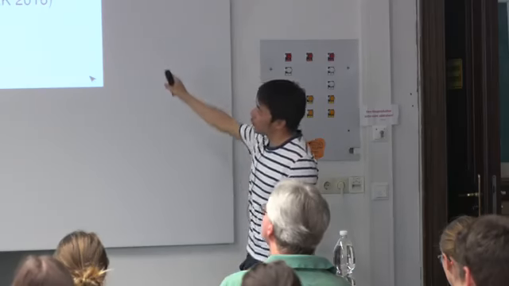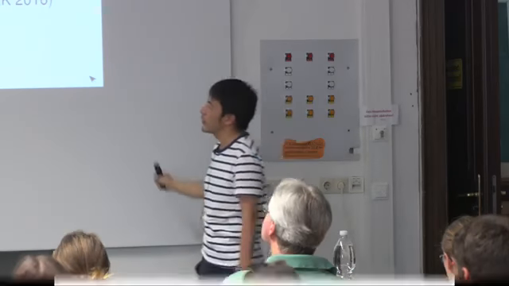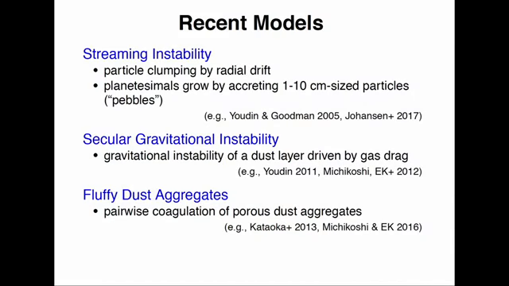And the third one is pairwise coagulation of porous dust aggregates. Here, this porous model is different from the classical one, where I put compact. So what is this porous dust aggregate model? We also call it the fluffy dust model. I'm sorry, it's maybe hard to see.